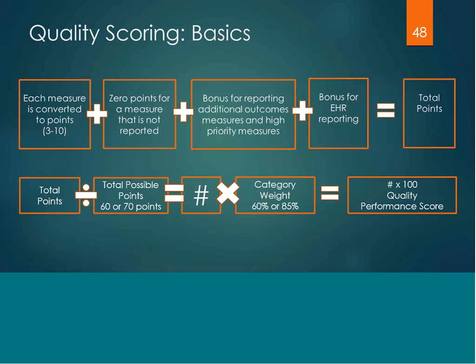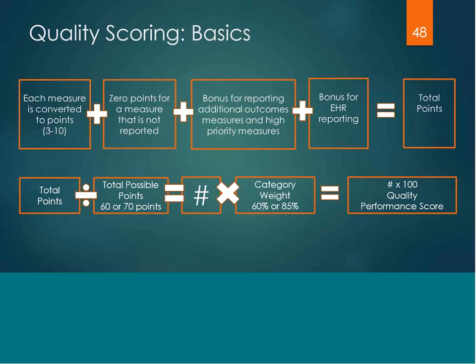You want to add in any bonus points for reporting on additional outcome or high priority measures, as well as the bonus points for EHR reporting. That total number is then divided by the total possible points, which is either going to be 60 or 70 points if you're being scored on the all-cause readmission measure.